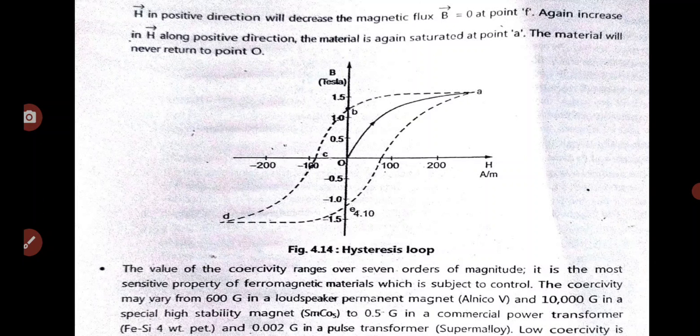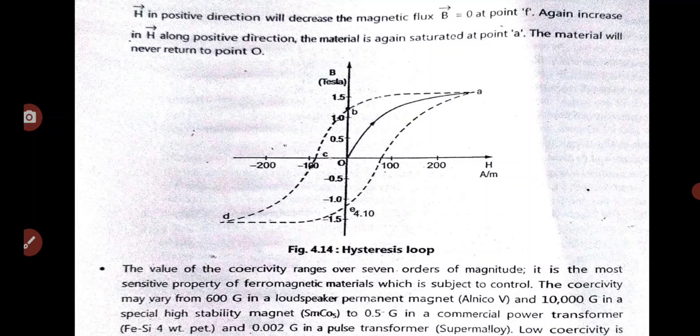Going to D with negative H, the magnetizing property increases in the opposite direction, and then with H increasing in the positive direction, the material again shows the magnetizing property, and returns to point A. So the loop is complete, and this loop is considered the hysteresis loop. The material never returns to the point O.